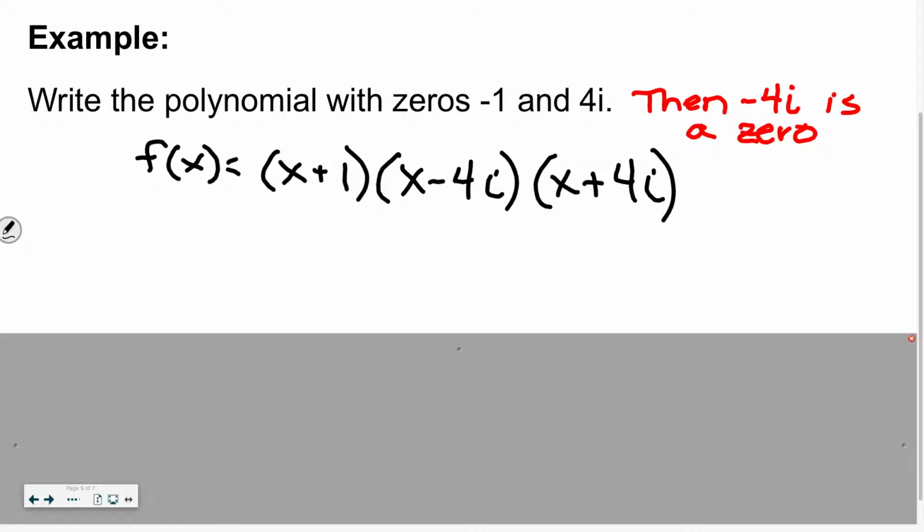Okay? So let's multiply it out. X times x is x squared. X times 4i is 4ix. Negative 4i times x is negative 4ix. Don't they cancel? Okay. And then what about negative 4i times positive 4i?